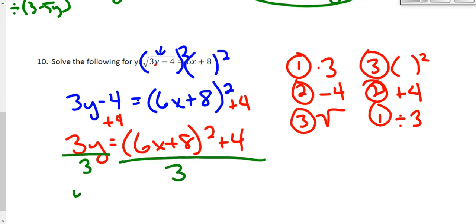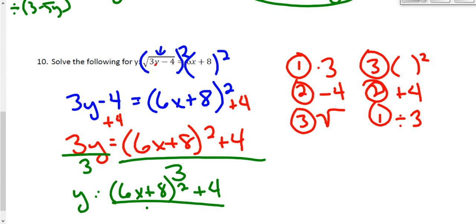So I end up with y is equal to 6x plus 8 squared plus 4 over 3. And we are all set. Y is completely alone. That is it for solving literal equations. We're going to pick up with rational and radical equations in the next video.